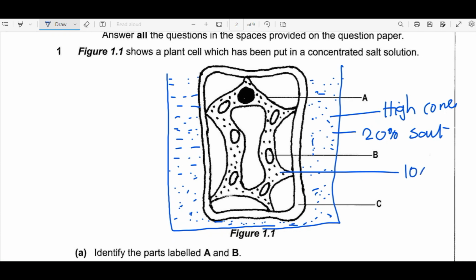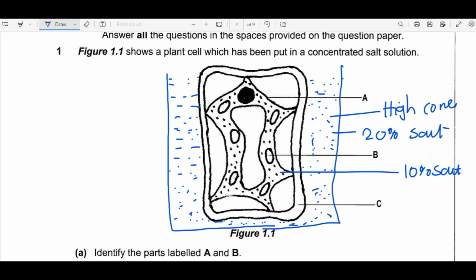For example, we can say a cell has about 10% salt solution, which tells us that we have a lot of water molecules in a cell compared to the water molecules in the concentrated solution. So what happens in our case is that the water will move from the cell into the solution. Then what happens if that occurs? If that is the case, then we see the result on our cell.